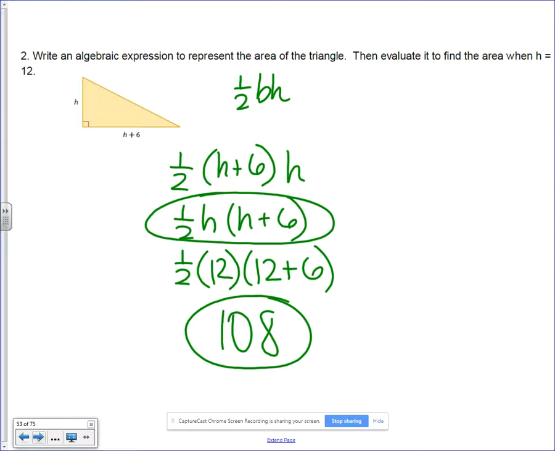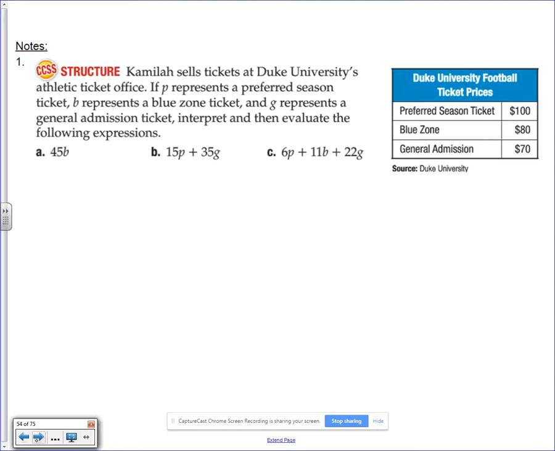So look at number 1, or letter A. What does 45B mean? How many blue zone tickets? 45 blue zone tickets. 45B means 45 blue zone tickets. Everybody good there? How would I then evaluate that? What would I do? Nope.